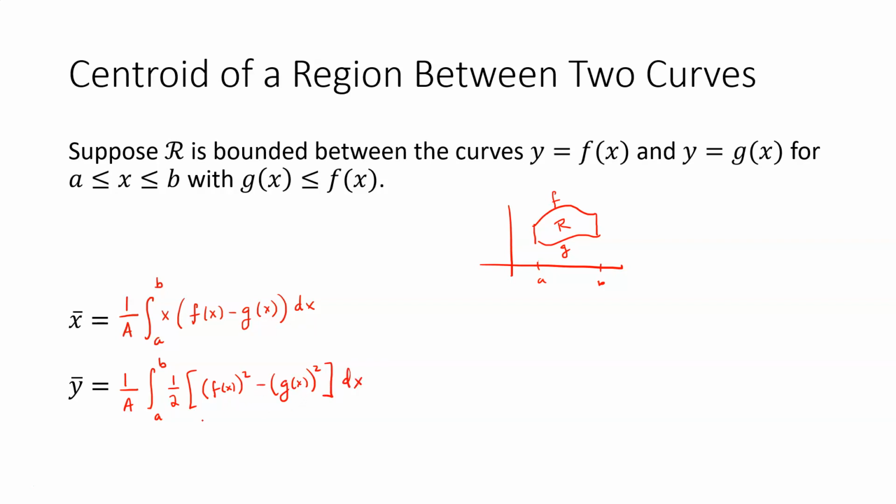So you see it's just a slight adjustment to account for the slightly different way to define the region here, where we have now an upper boundary and a lower boundary with the curves f of x and g of x.